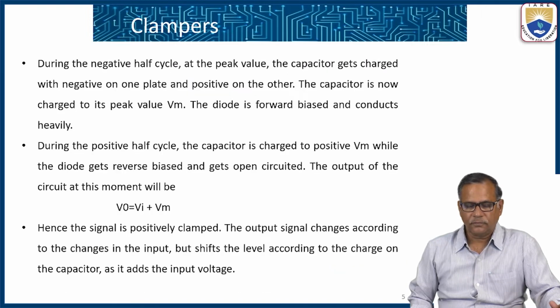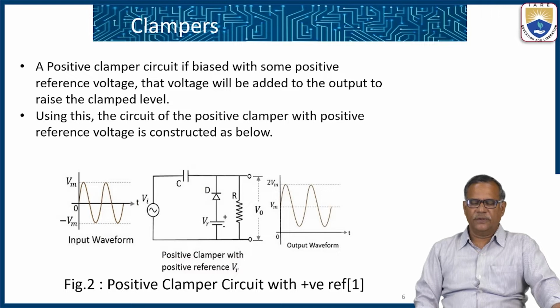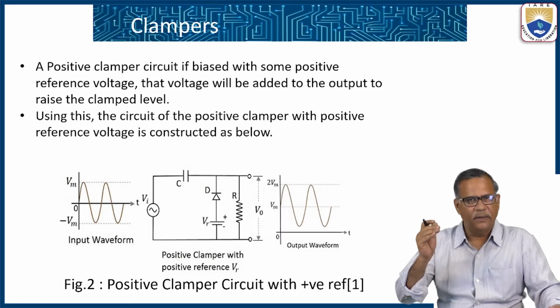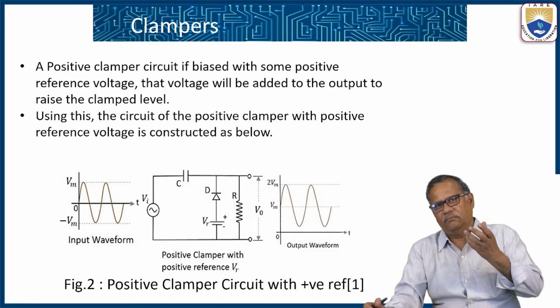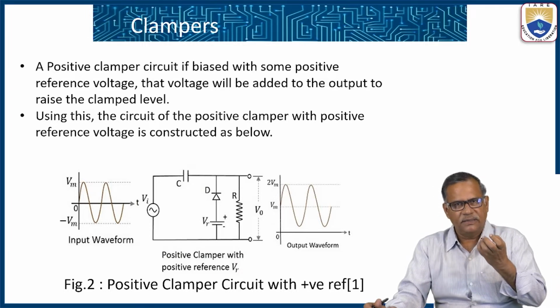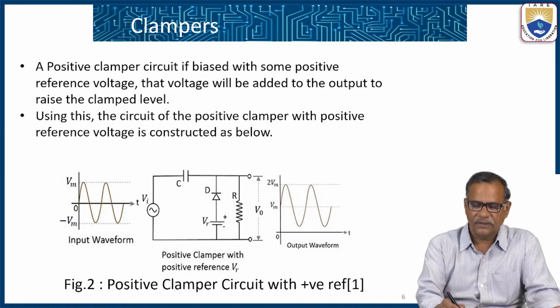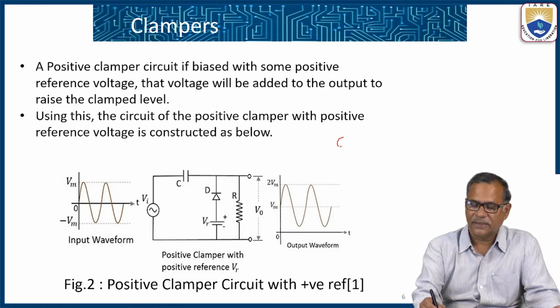Now the same circuit, when we give a reference voltage VR, then what happens? The voltage is shifted further up by the reference voltage VR. So how does it happen? Initially, during the negative portion of the waveform, this diode is in forward bias and the capacitor gets charged to Vm plus Vr.